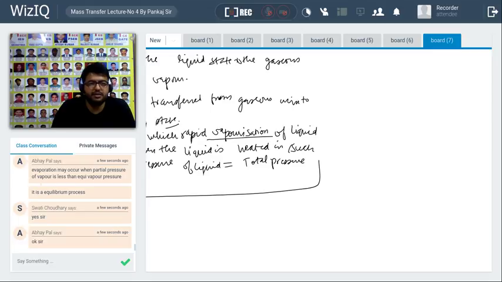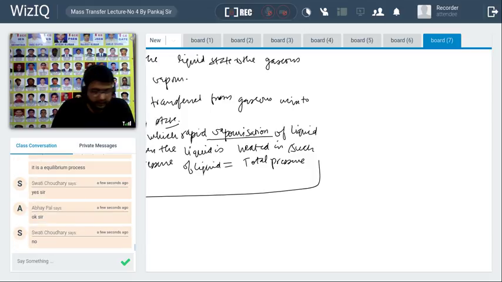That's why mass transfer or any spontaneous process occurs, in order to attain equilibrium. Any question? Shall we go for the next?